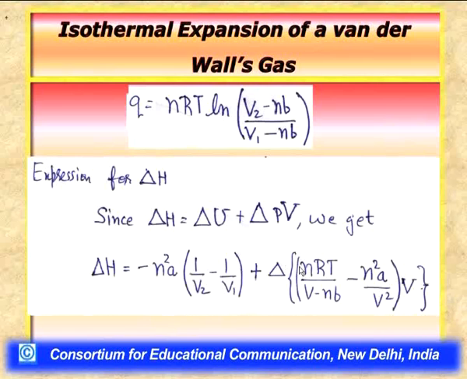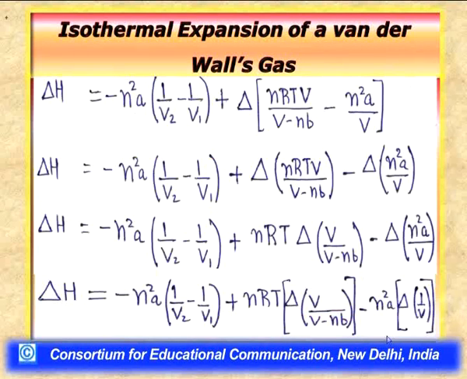Within this bracket there is the van der Waals equation that represents the pressure, multiplied with volume. Now we can expand this: minus n square A into 1 by V2 minus 1 by V1 plus delta of nRT V divided by V minus nb, minus n square A by V. So, minus n square A into 1 by V2 minus 1 by V1 plus delta of nRT V divided by V minus nb, minus delta of n square A by V.